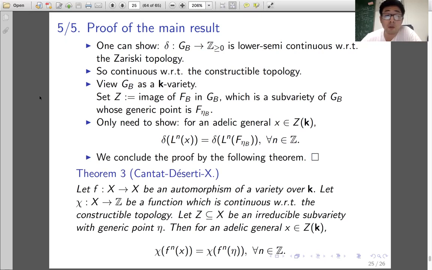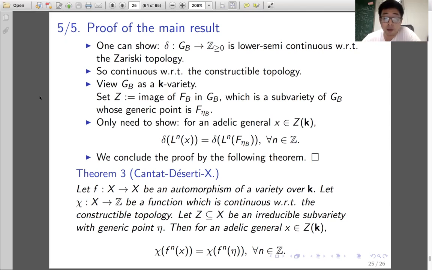Okay, now we just conclude the proof by the following theorem. Theorem 3. Let f: X → X be an automorphism of a variety over k. Let χ from X to Z be a function which is continuous with respect to the constructible topology.